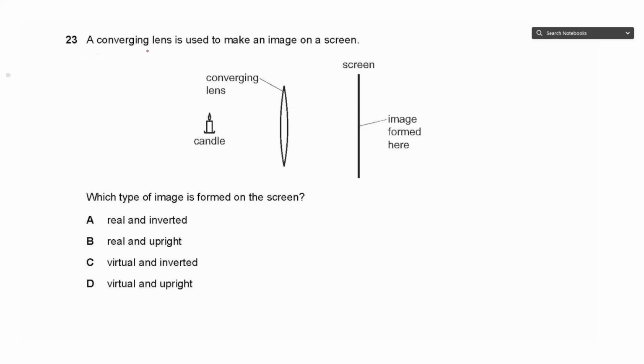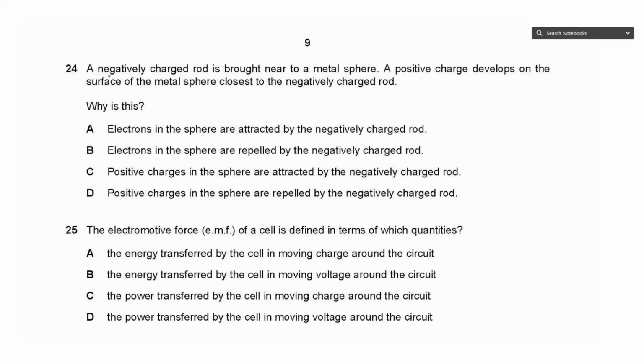Question 23 says a converging lens is used to make an image on a screen. Which type of image is formed on the screen? Since it is formed on a screen, it is a real image, not a virtual image. And for a converging lens, the real image is always inverted, not upright. So the answer here is A. Question 24 says a negatively charged rod is brought near to a metal sphere.